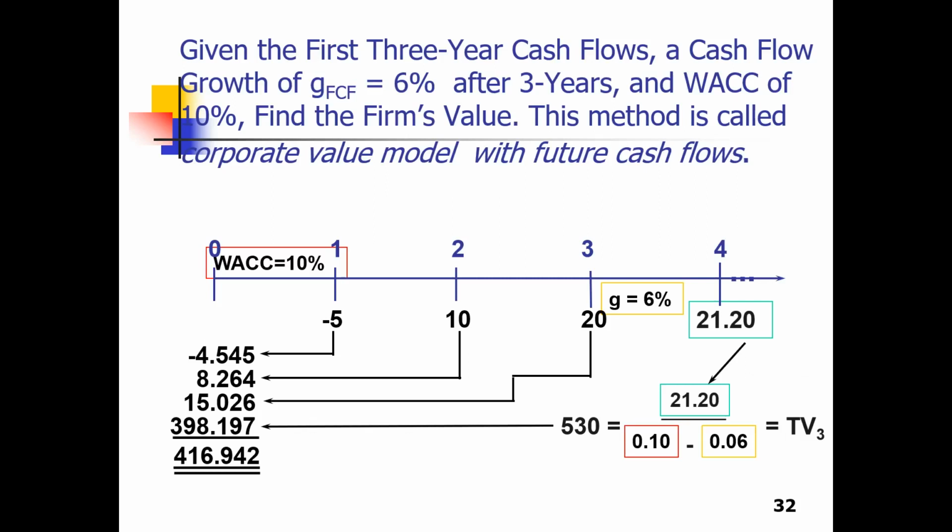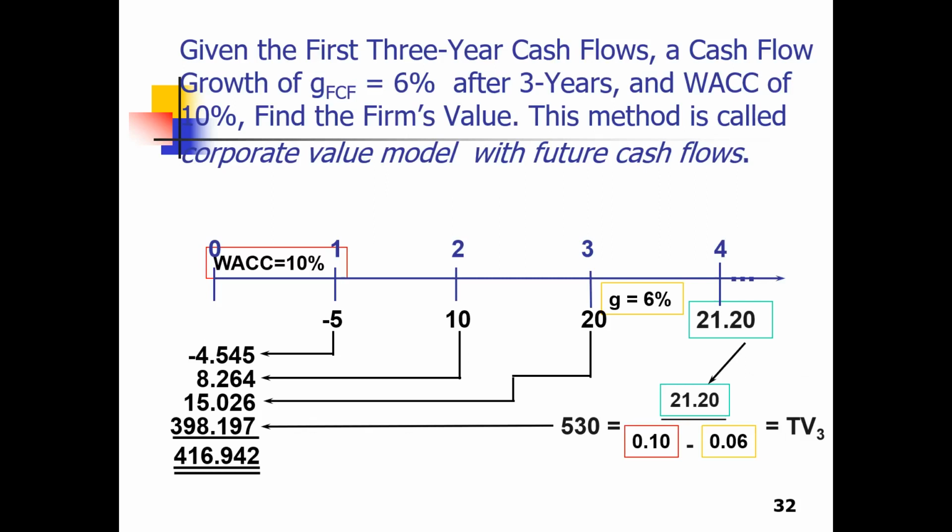It says the value of the company sold at year 3, of all the future cash flows it will give us, equals the next cash flow. The next cash flow is estimated from year 3's cash flow, which we got from the pro forma accounting statements. But they say they grow at 6%.